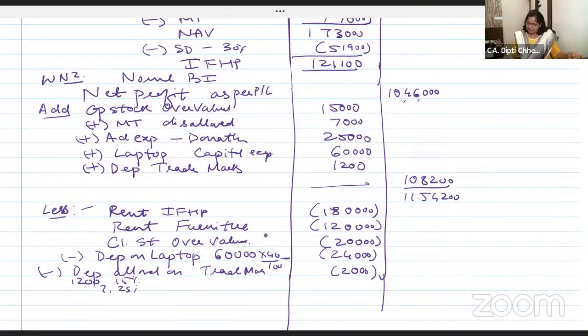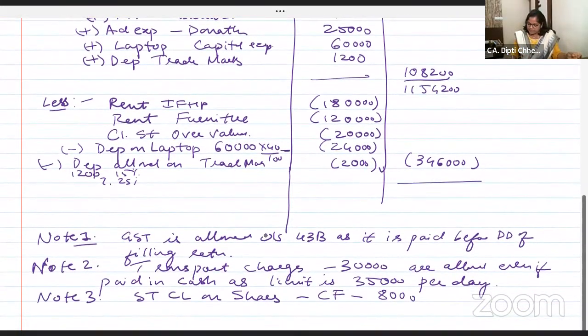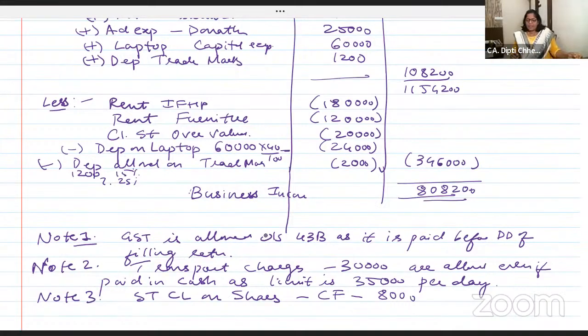Calculation has to be done. How much answer are you getting? Put it in the chat box. 8,08,200. This is the business income.